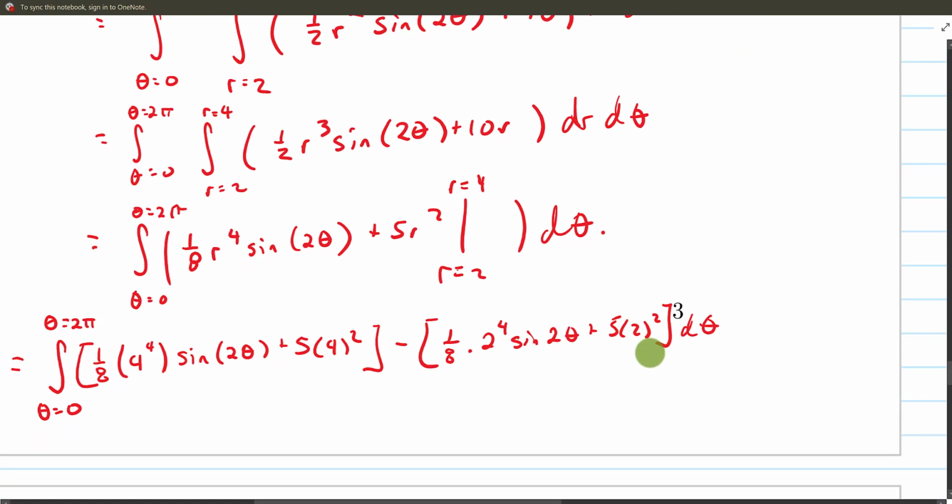And so what do we see here? Well, 4 to the 4th is a large number, but I think it's 256. We divide 256 by 8, that brings us down to 32. But then we'd have another, 16 divided by 8 is 2, so that would give us a 30 sine of 2 theta.